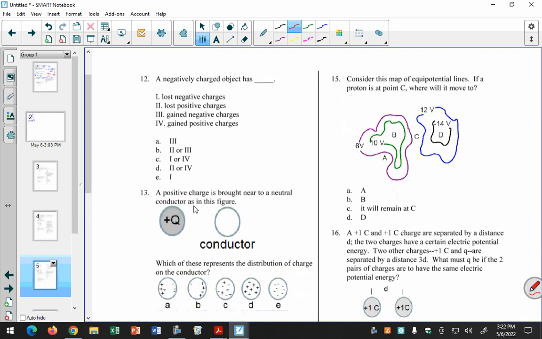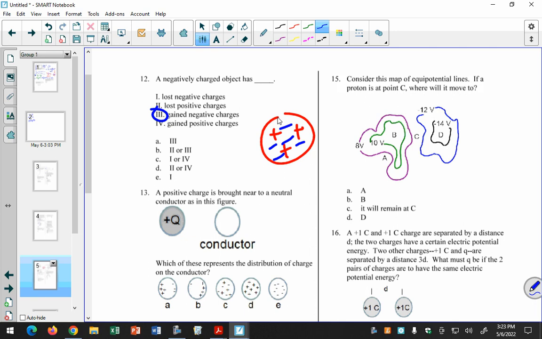12. A negatively charged object means that you have the same number of protons, but you have more electrons. So it's negatively charged. And the way that you get negatively charged objects is by gaining negative charges. We don't typically gain positive charges.